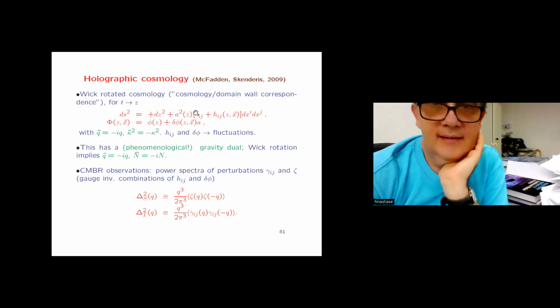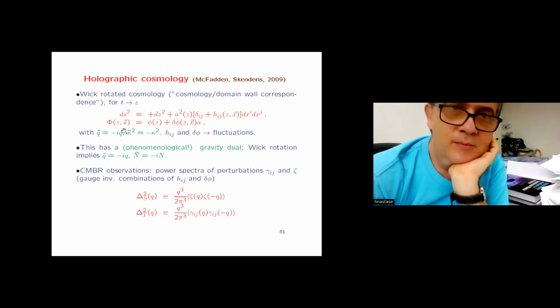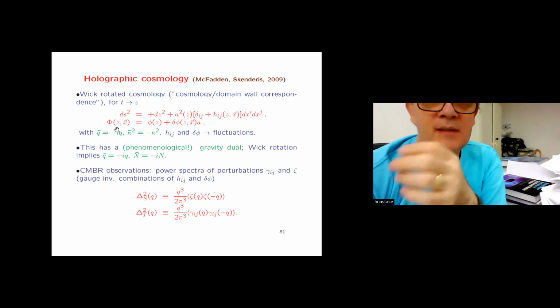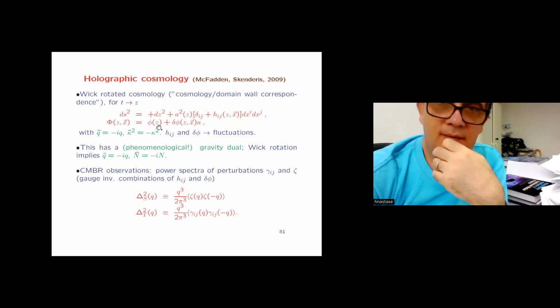So we write the Wick rotated cosmology as this gravity dual. And then we'll also have some scalar field, as we said, in cosmology we usually have a scalar field, which has some background plus a fluctuation that is multiplied by the same Z.